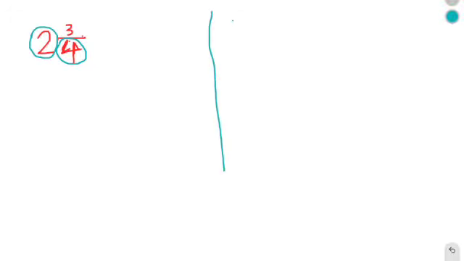Okay, so if we're converting, once again, a mixed fraction, 2 and 3 over 4. We're saying this 4 multiplied by this 2, and then add that 3.